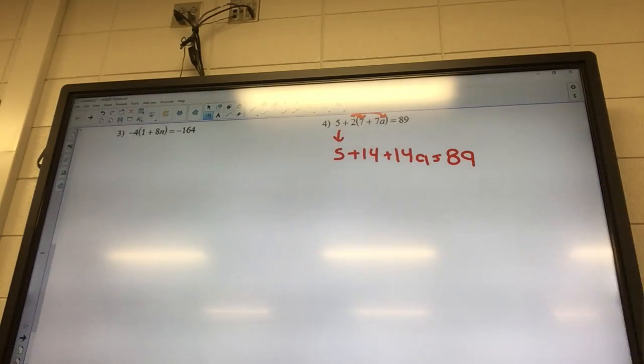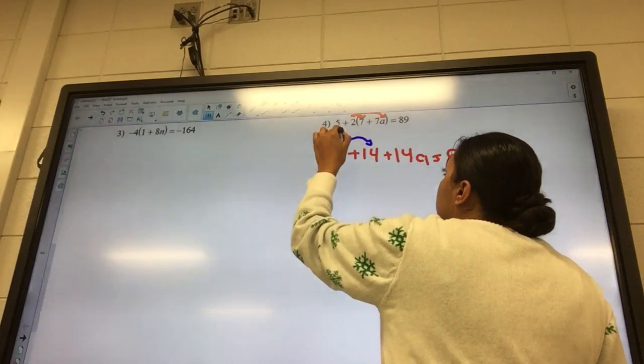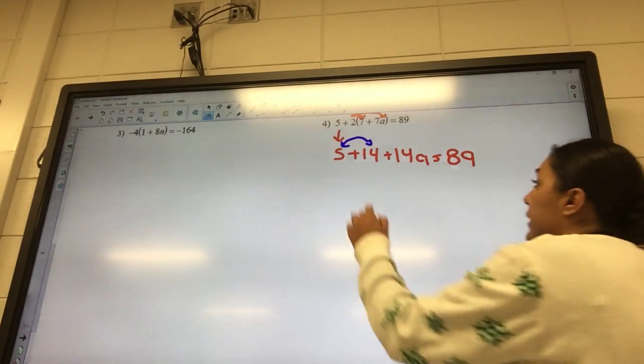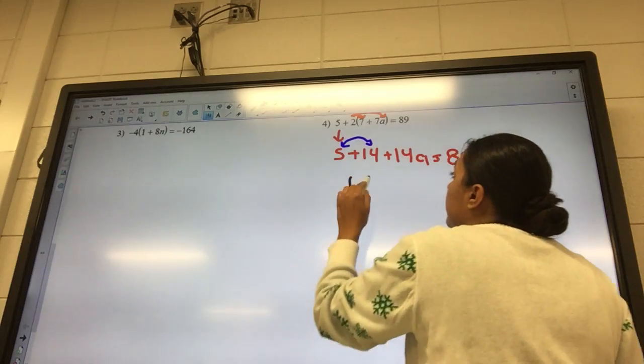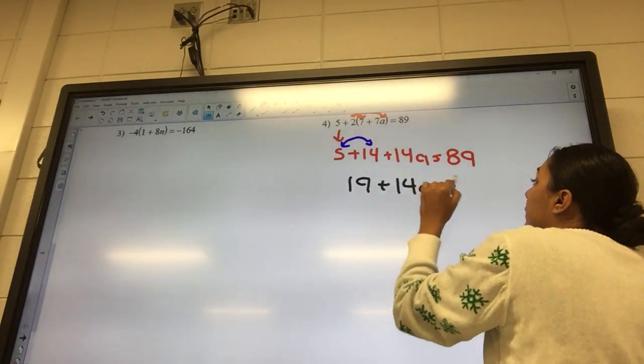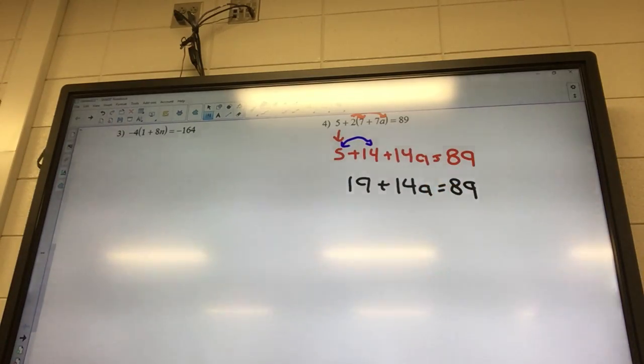My next step is going to be to combine my like terms. So I can combine this 5 and this 14 to give me a 19 plus 14a equals 89. And then my next step says add or subtract the kid or the non-variable.